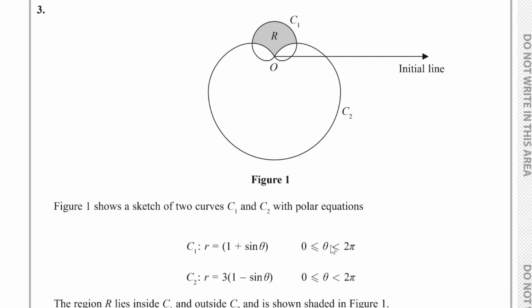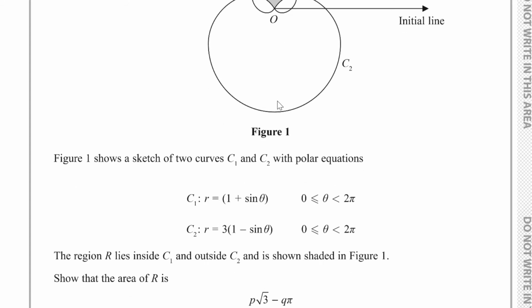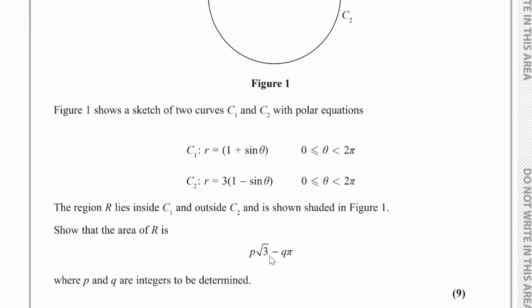And you'll notice for both C1 and C2, theta is in between 0 and 2 pi. The region R, which is shown shaded over here, lies inside C1 and outside C2, and we have to show that the area of R is p times by the square root of 3 minus q times by pi, where p and q are integers to be determined.